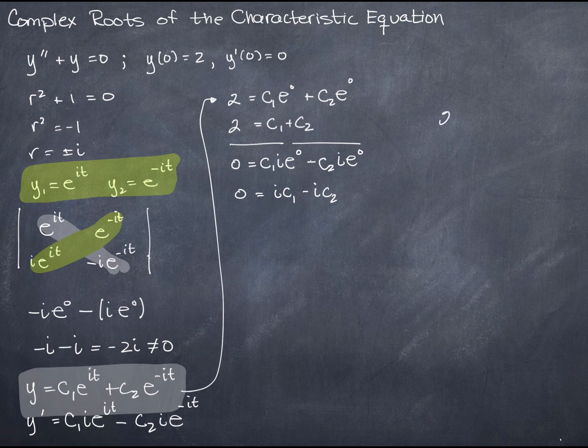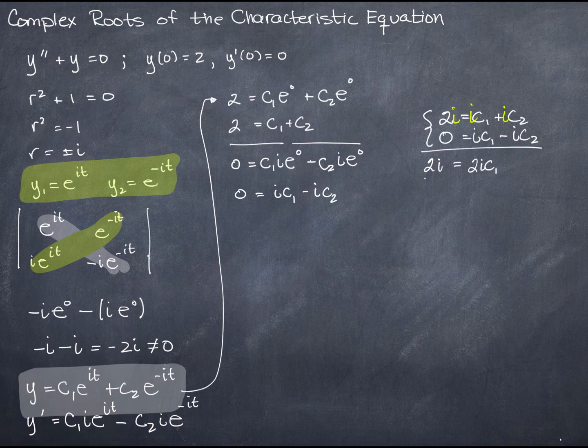If I take my two equations, I get 2 equals c1 plus c2, and 0 equals i c1 minus i c2. And I solve this system of equations. I might do that by multiplying through by i here. Start with that, 2i. If I add those together, I get 2i equals 2i c1, and these terms cancel.